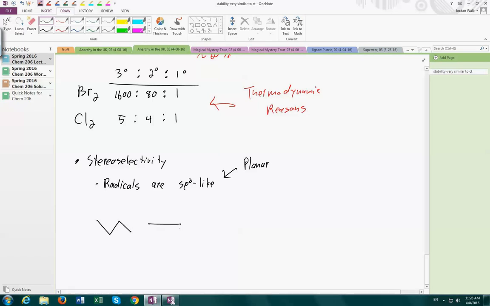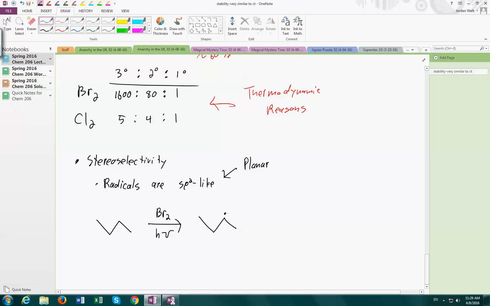We can start with something like butane. And so in butane, what we'll have is we can take bromine and react it with light. And so the major product, is it going to add to the secondary carbon or the primary carbon? Secondary, right? Now consider that we're going to go through a radical that is like this and is sp2-like.